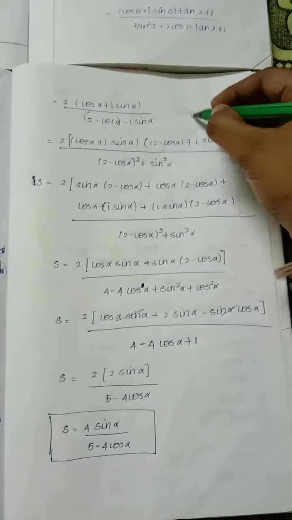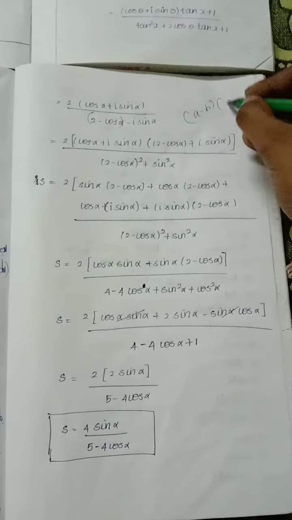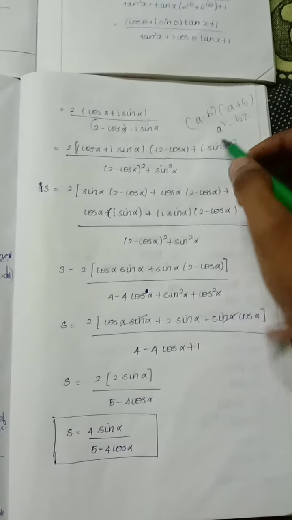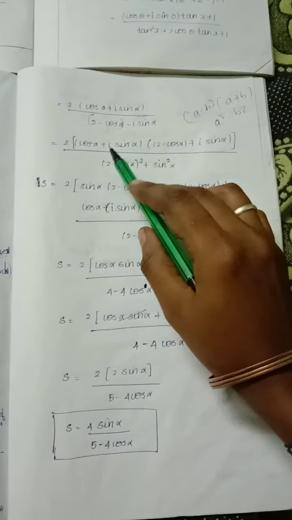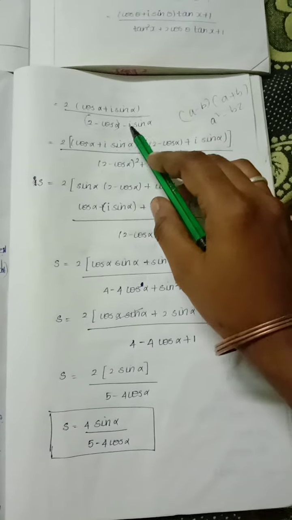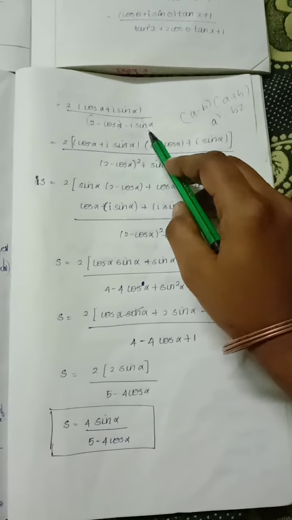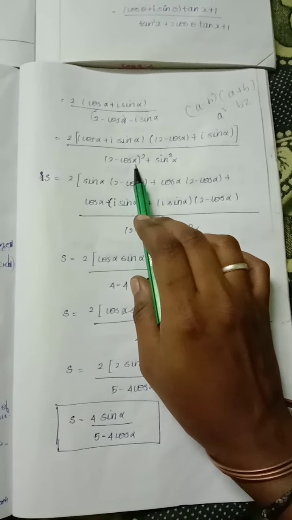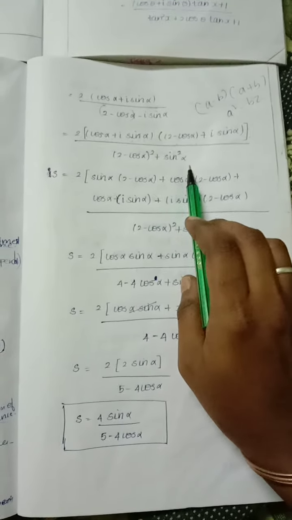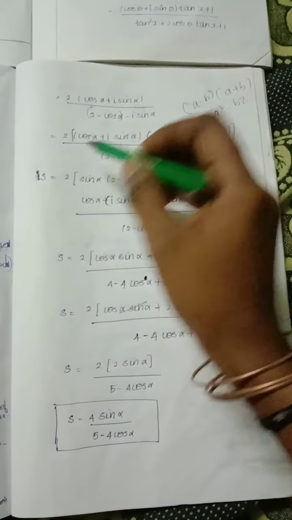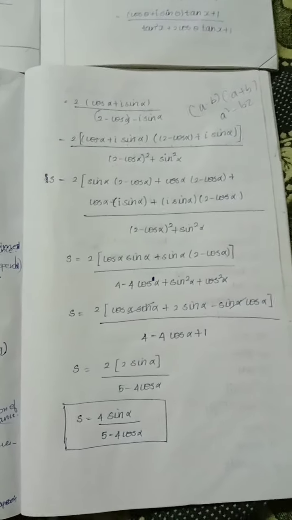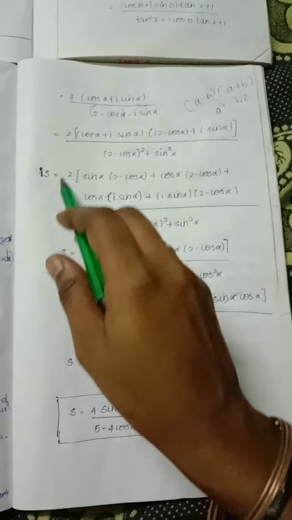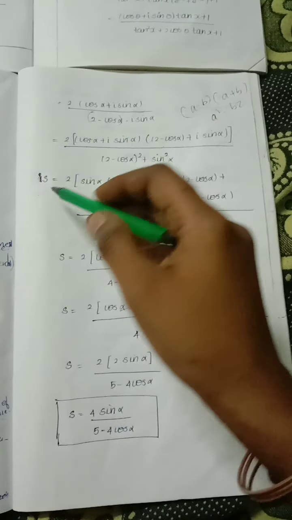This is in the form (a - b)(a + b), which is nothing but a squared - b squared. Since i squared is minus 1, minus minus becomes plus, so we get (2 - cos alpha) squared + sin squared alpha in the denominator. The given series is a sine series, so we separate the imaginary part, which always has i in front.